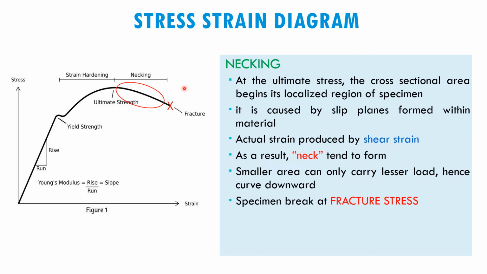If you can recall the tensile stress test, we will see the necking on the sample, on the body, and a smaller area can only carry less load, hence the curve will start to go down. When it starts to curve down, the fracture will take place.